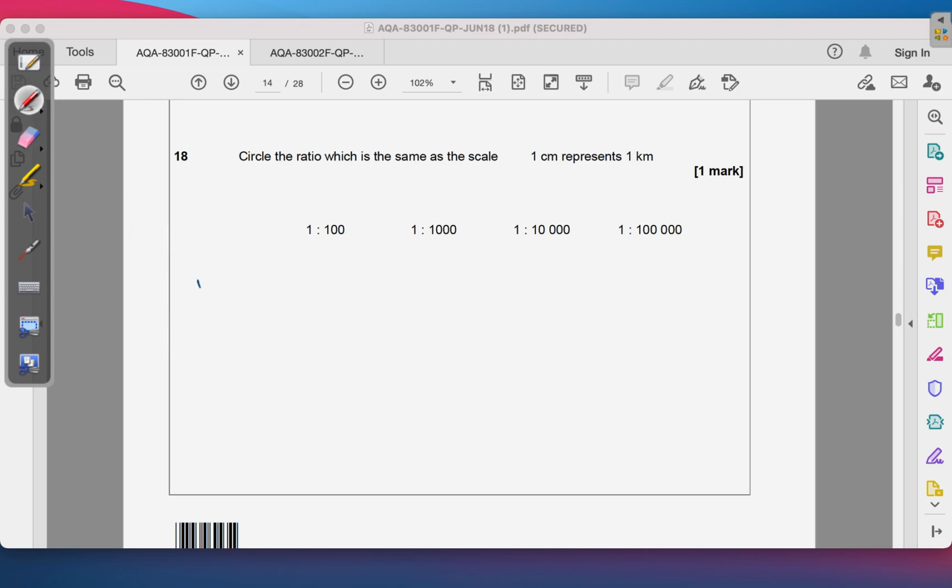Let's draw this. So we've got 1 kilometre, and then down from there we're going to have metres, and we're going to have centimetres. To go from kilometres to metres, the prefix kilo means 1,000.